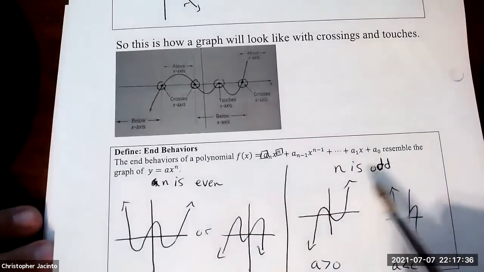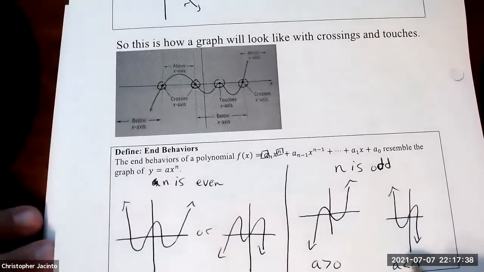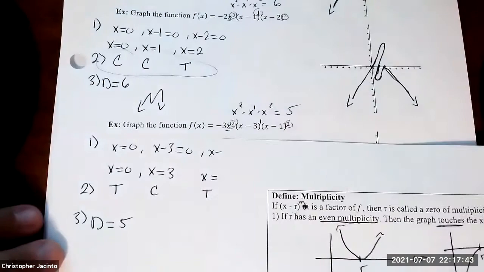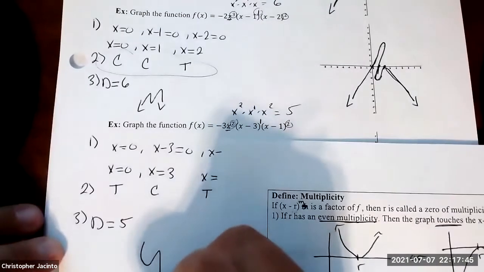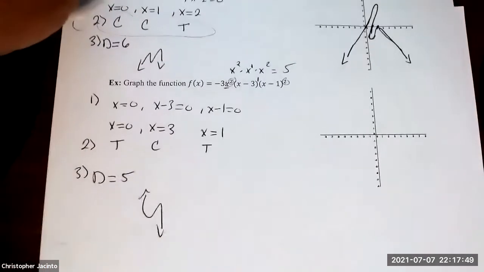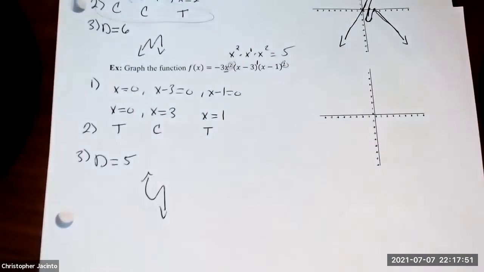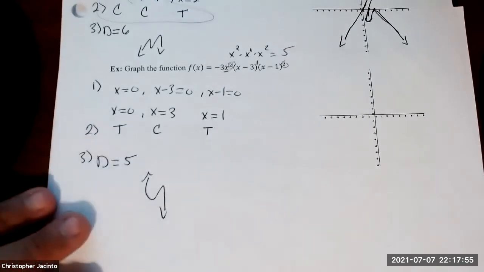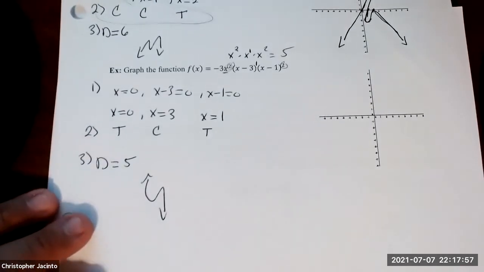So therefore, it's going to look like this. So I know my end behaviors are going to look like that. So again, any questions there?